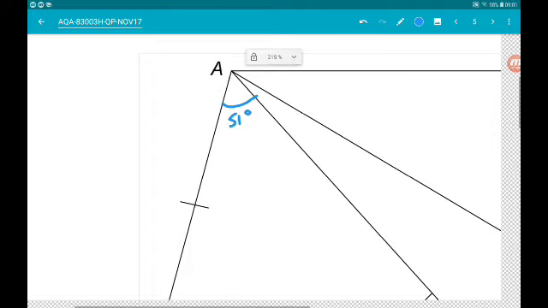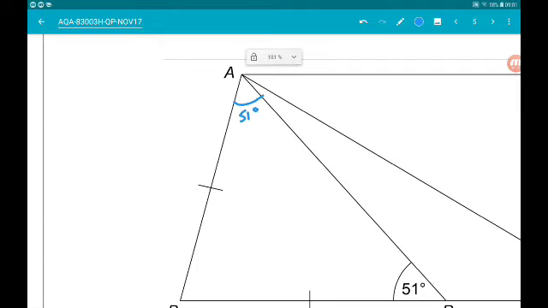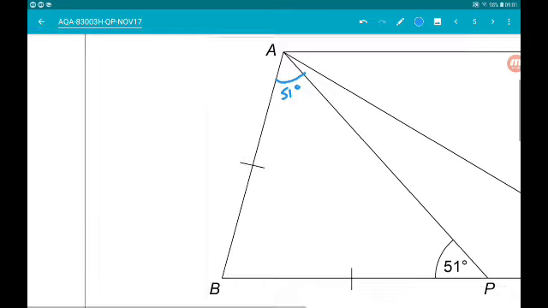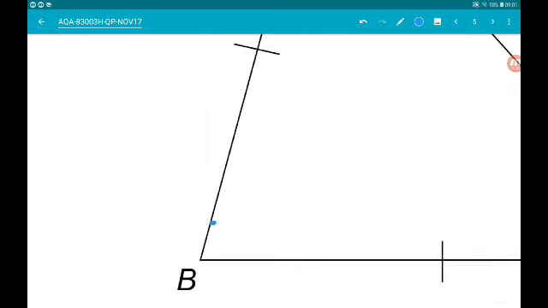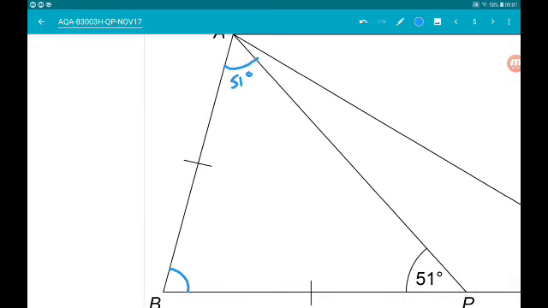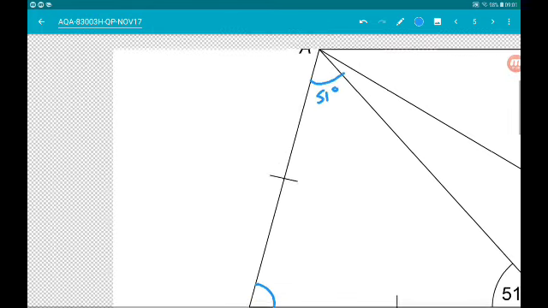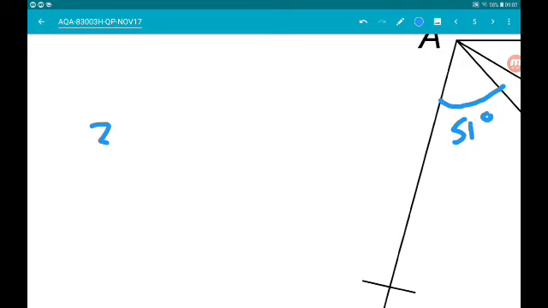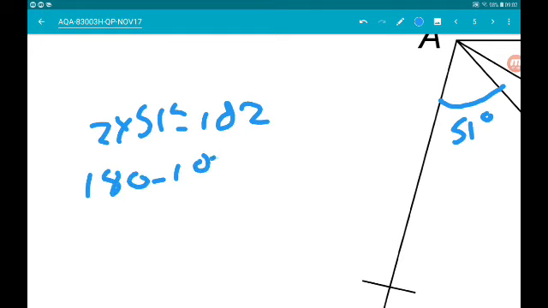Now, what do we know next? Well, we know angles inside of a triangle add up to 180. So, we know this angle down here is going to be 180 take 2 lots of 51. So, 2 times 51 is 102. 180 minus 102 is 78.